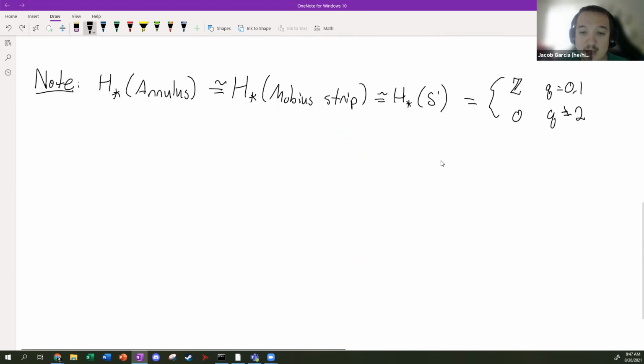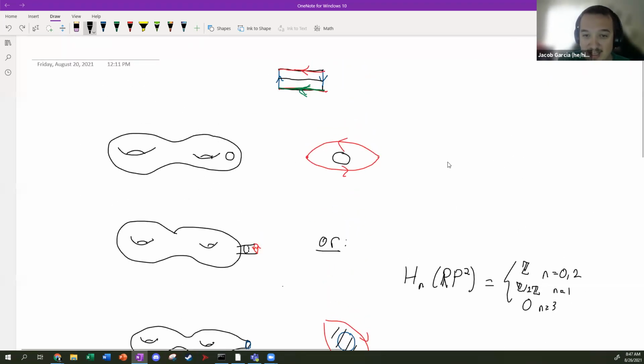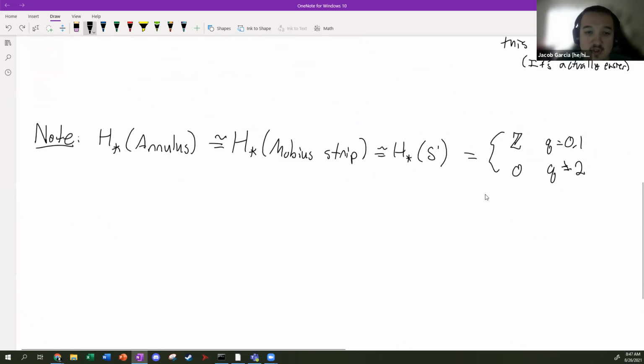Or you can think about deformation retracting this interior circle out to the edge, and then you have two edges that are identified. And when you identify the edges, you get a circle. So both the annulus and the Mobius band deformation retract onto S1.